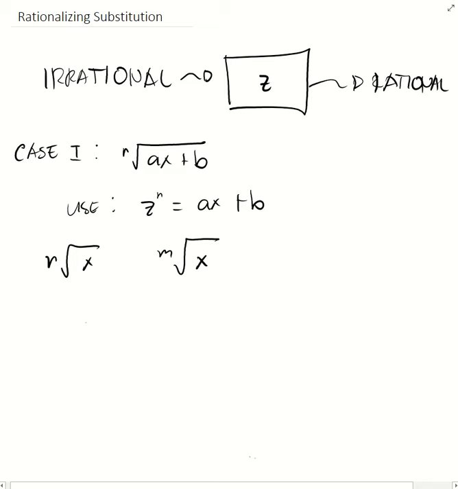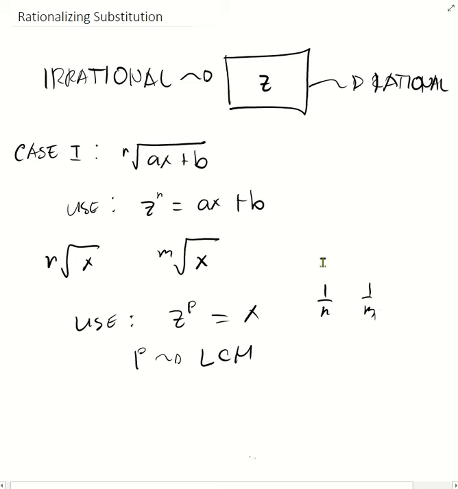We use the substitution z raised to p equal to ax plus b, or just x. If it's just x, then z to the p equals x, where p should be the least common multiple of n and m, or the LCD of 1 over n and 1 over m.